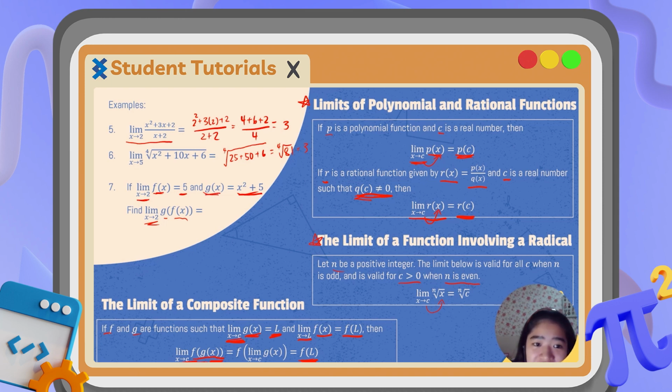Since g of x is a polynomial function and f of x is just 5, we can use this rule here below. So we can just make it g of the limit of x approaches 2 of f of x, which is going to be g of 5, which is 5 squared plus 5, which is 30. So that will be your answer here.